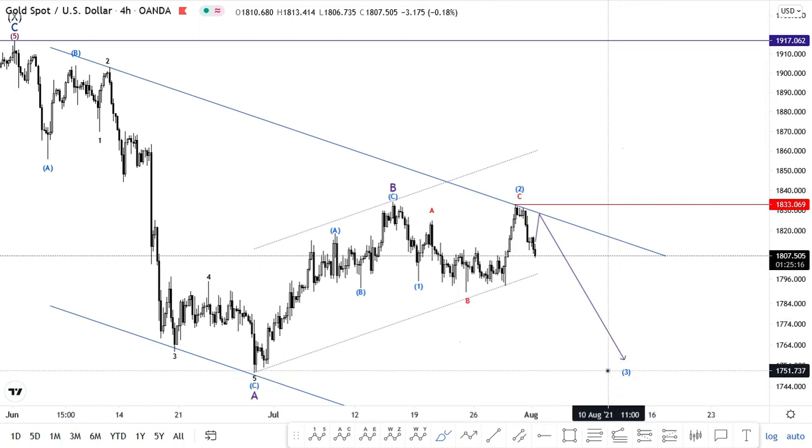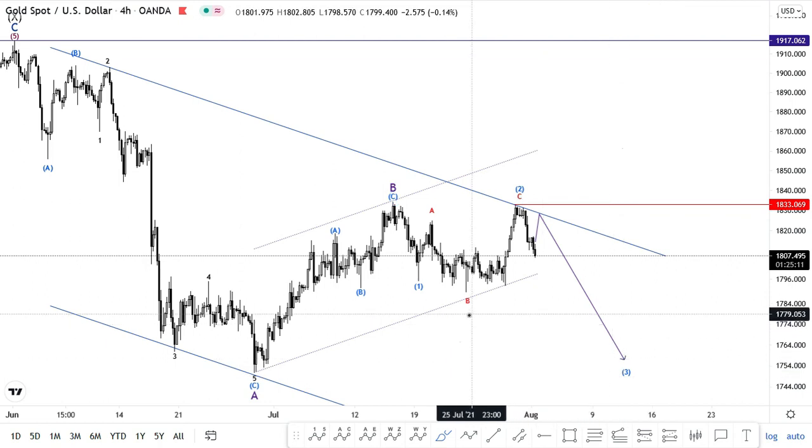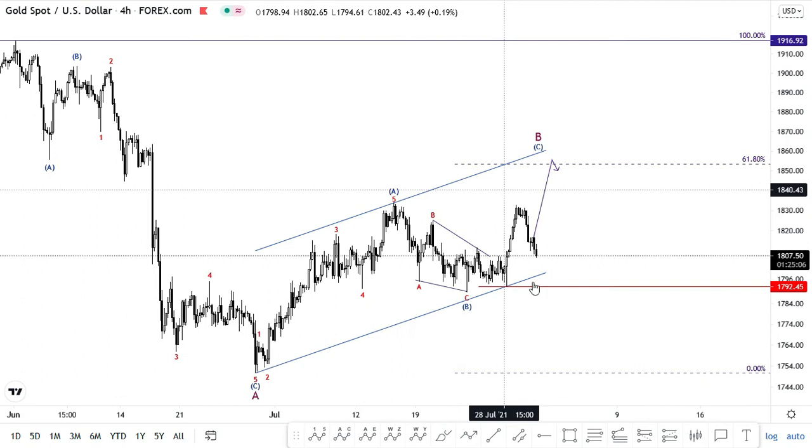So on gold, I have an alternative idea, which, okay, let me just jump into it. I have this alternative idea.